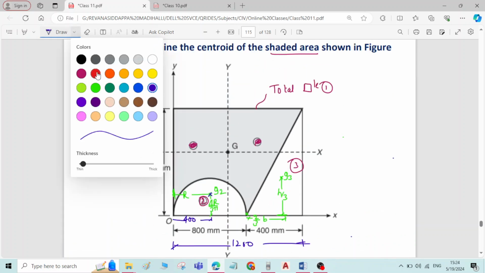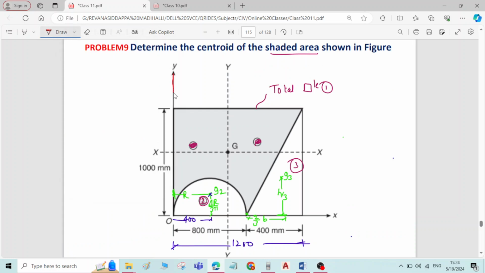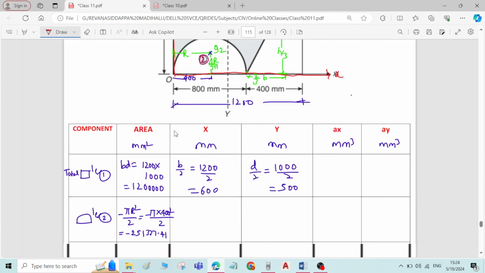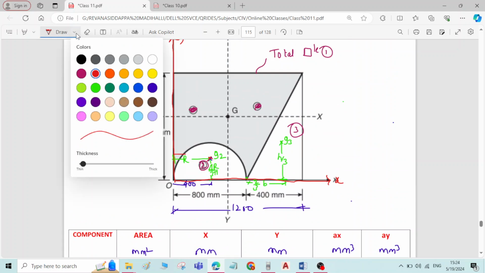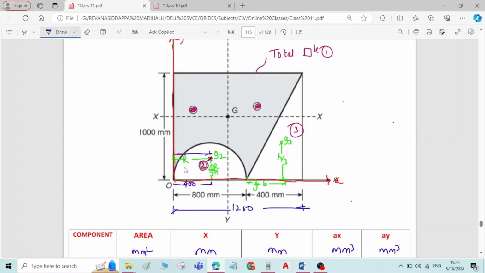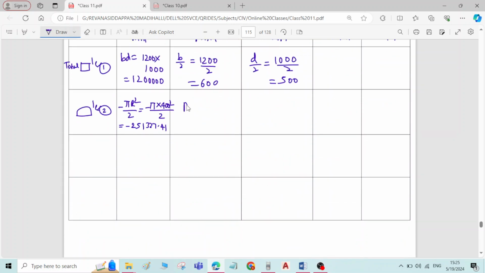So here we have the reference y axis, and here we have the reference x axis. This distance is directly equal to the radius r, which is equal to 400 mm.